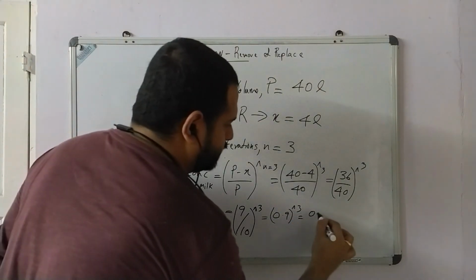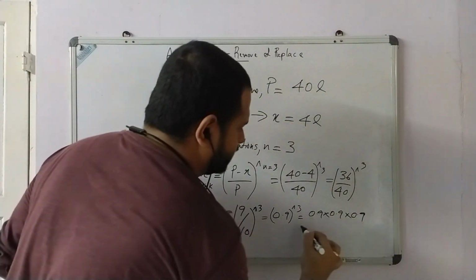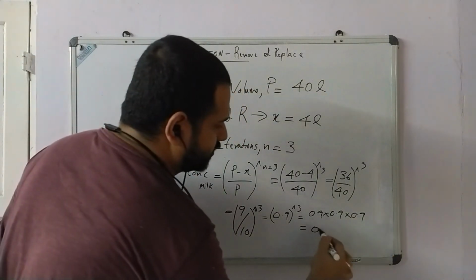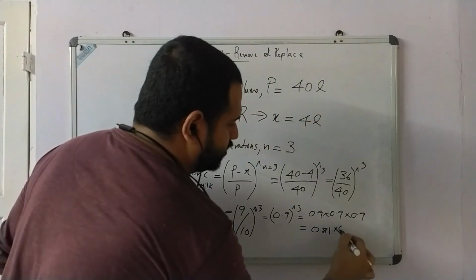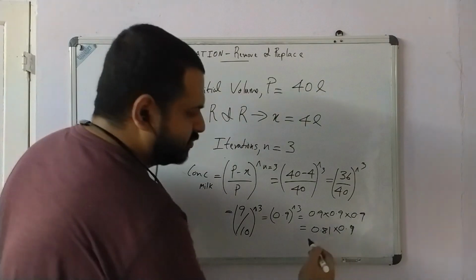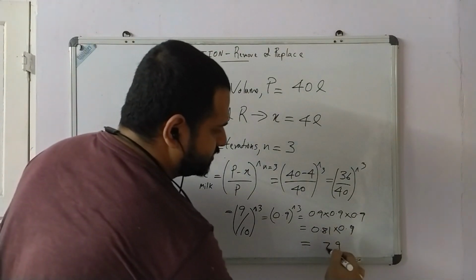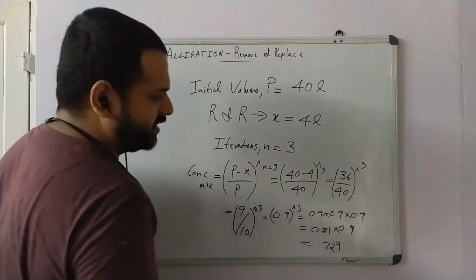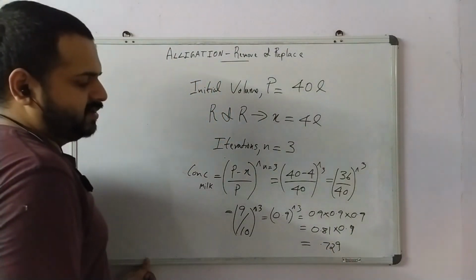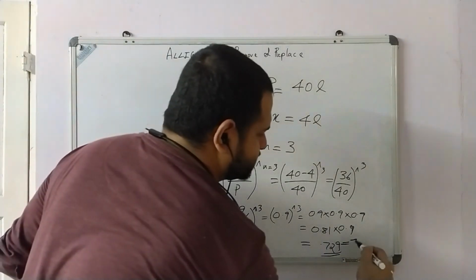This is what? 0.9 into 0.9 into 0.9. 0.9 into 0.9, we know, is 0.81 into 0.9, correct? What is 0.81 into 0.9? 9 times 8 and 9 is, right, 0.729, correct?